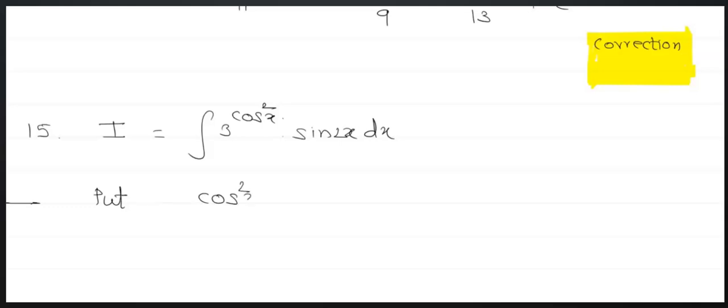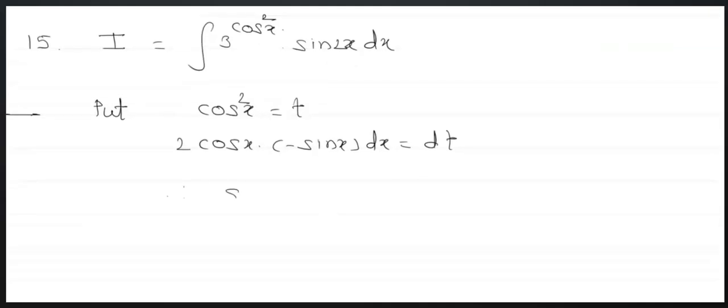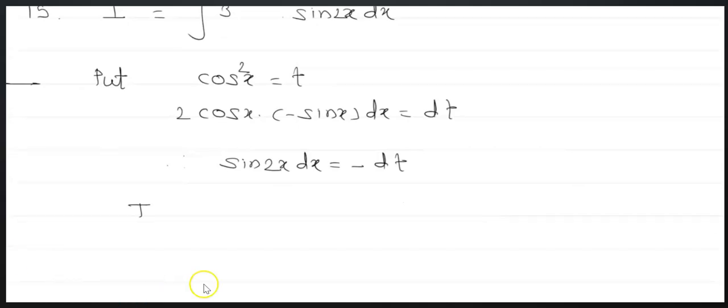Now here we'll put cos square x is equal to t. Its derivative is 2 cos x into the derivative of cos x, which is minus sin x dx, equal to dt. That is minus 2 sin x into cos x into dx is equal to dt. That is nothing but minus sin of 2x into dx is equal to dt, or sin of 2x into dx is equal to minus dt.